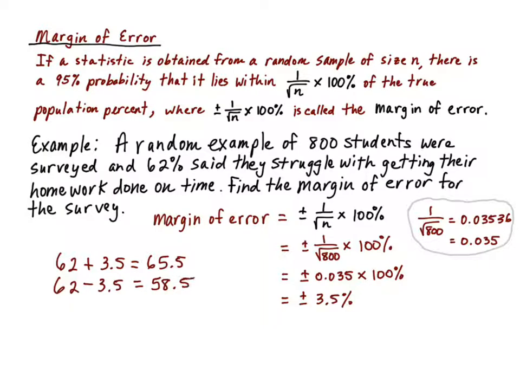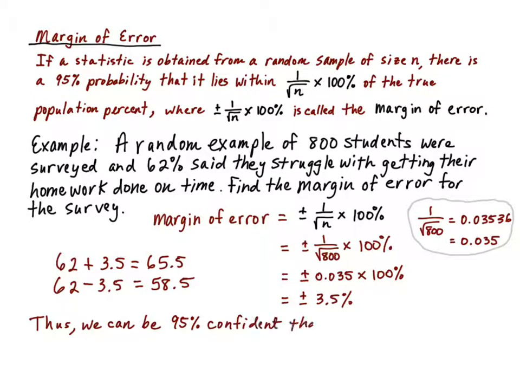And then take 62 and subtract 3.5, and that would be 58.5%. So what we're saying is we have a 95% certainty that the actual percent for the whole population is between 58.5% and 65.5%. So let me go ahead and write that.